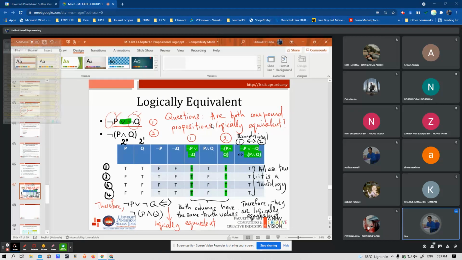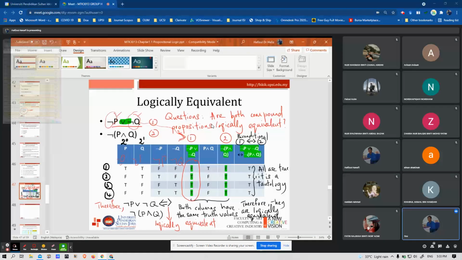Okay, P, Q, 2 power of 0, 2 power of 1, and then you have to negate P and negate Q. After that, you have the implication, negate P or negate Q, and this one is the output.